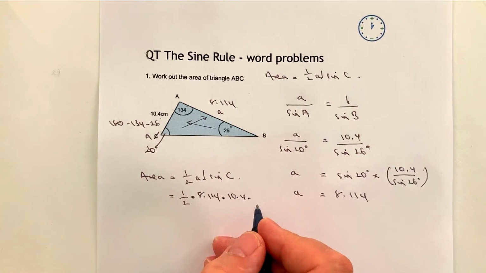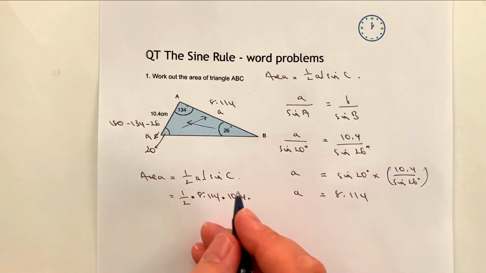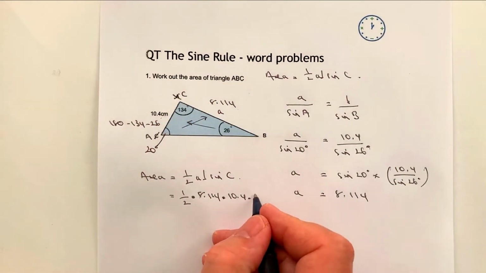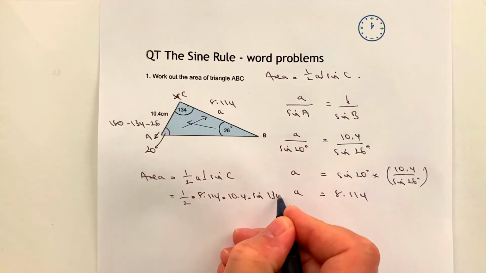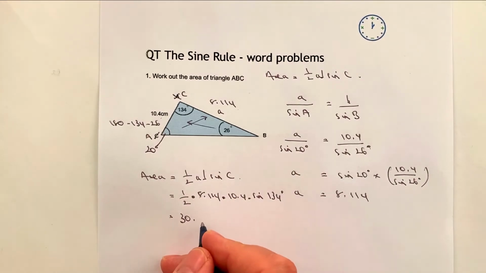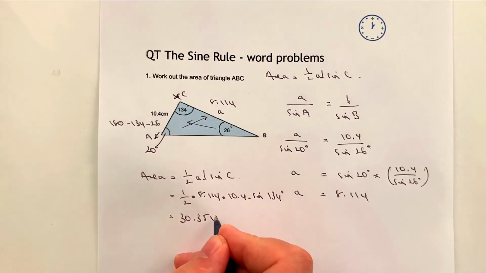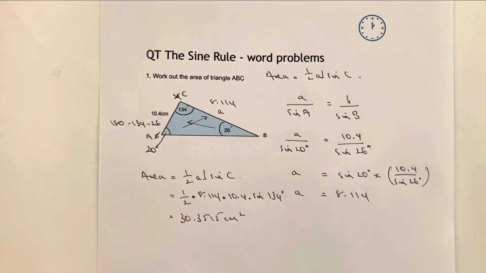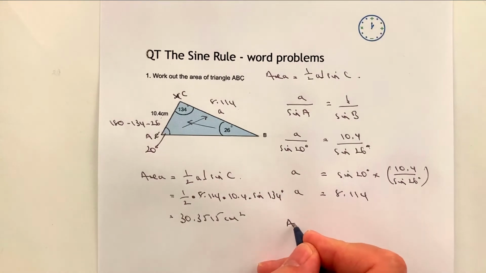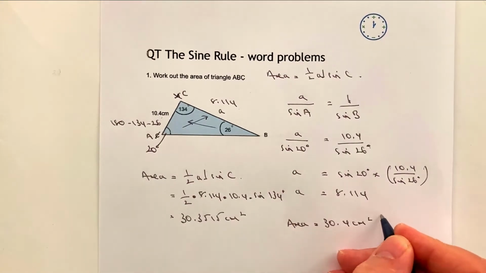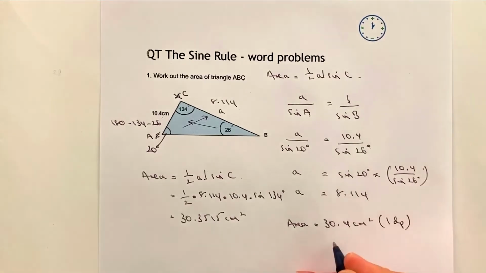And then the sine of C, well, in this particular case, this has become C, so it's going to be the sine of 134 degrees. Okay, when I calculate all of that out, I'm going to get 30.3515 centimeters squared. So I could, if I wanted to, say that the area equals 30.4 centimeters squared, and that's to 1 decimal place.